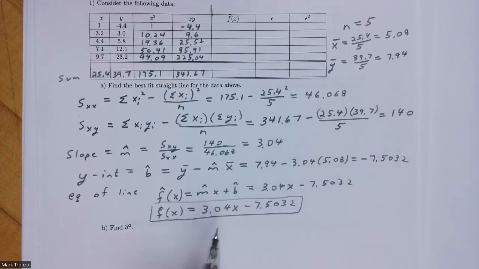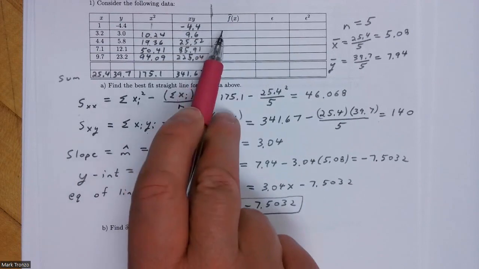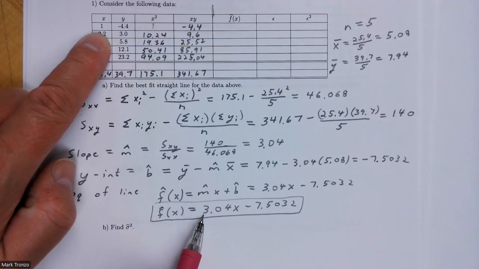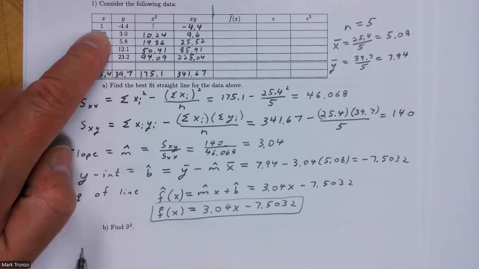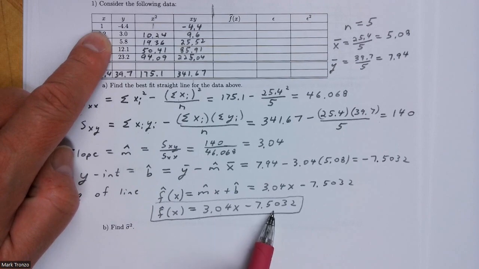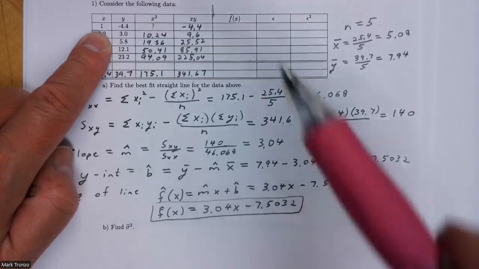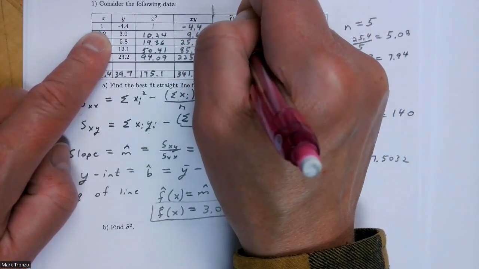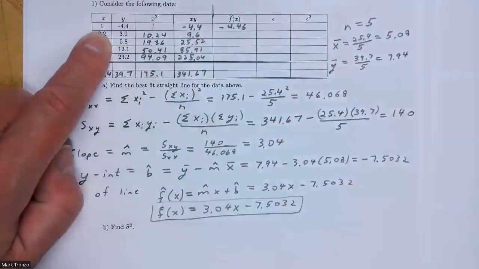So, for example, for this first one, we'll put in 1 into this equation, and you'll end up getting minus 4.46.